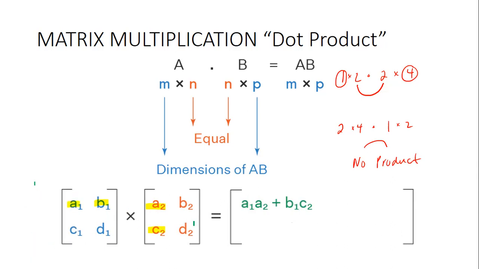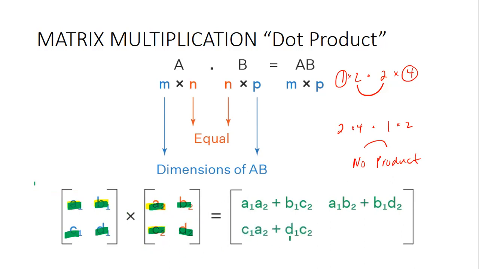Now I'm going to repeat it. I'm going to do A1 times B2 plus B1 times D2. That's going to be the second element of my matrix. I'm going to repeat this process again, but for the second row. So we have C1 times A2 plus D1 times C2.